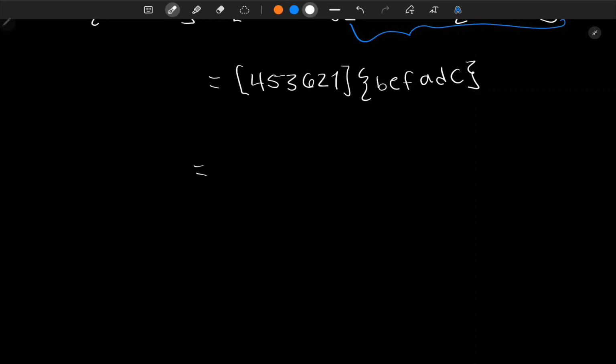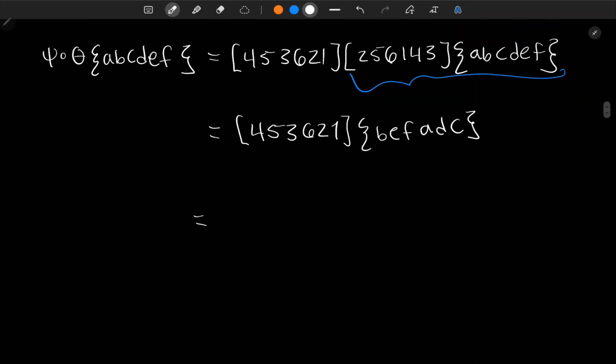We say that the old position is 4, and that gets mapped to the first position here. So whatever the fourth element of this is, that's now the first element here. So the fourth element here is A. So A gets mapped here to the first position.